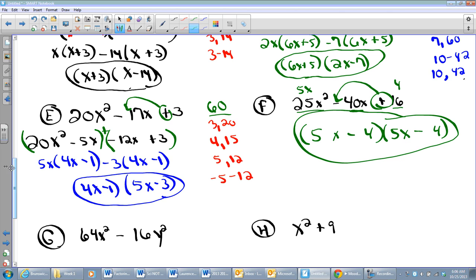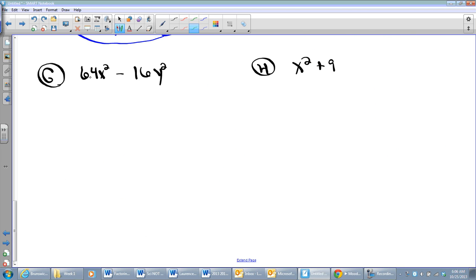All right. G, it's a binomial. Perfect square? Yep. Perfect square? You bet. Except there's a GCF hiding in there, isn't there? I'm going to pull that GCF out first. I believe the GCF is going to be 16. And then I'm going to have 4x squared minus y squared.